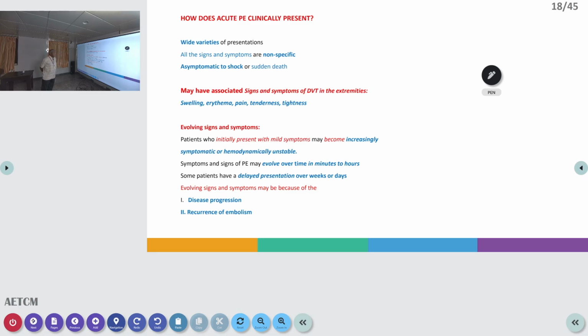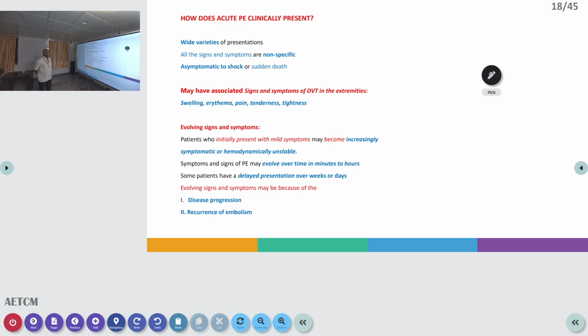So what clinical presentations will acute pulmonary embolism have? A wide variety of presentations, all the signs and symptoms are non-specific, from asymptomatic to shock or sudden death. Many of the patients may have associated signs and symptoms of DVT in the extremities.